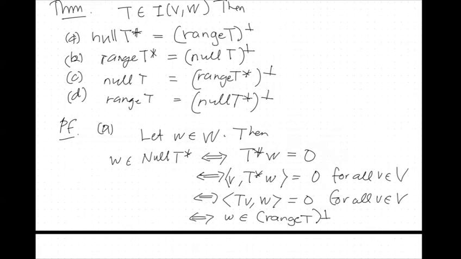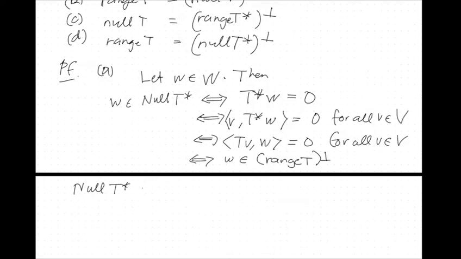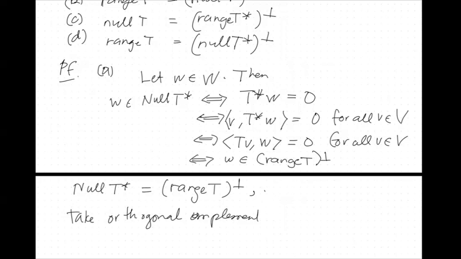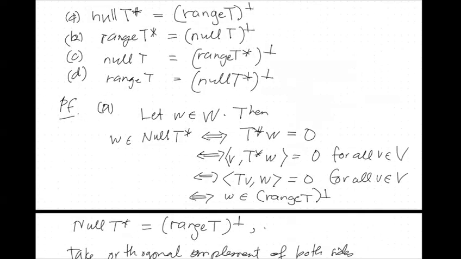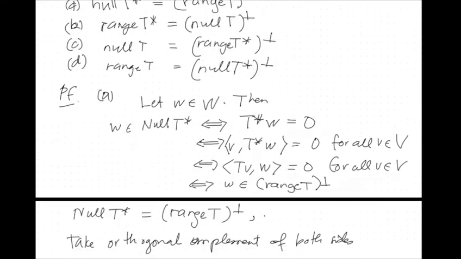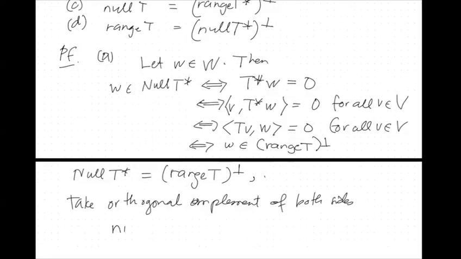And then this means that the null of T star is just the range of T perp, as desired for letter A. So if we take the orthogonal complement of both sides, here we get null T star equal to range T perp.